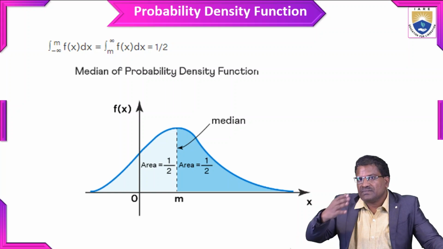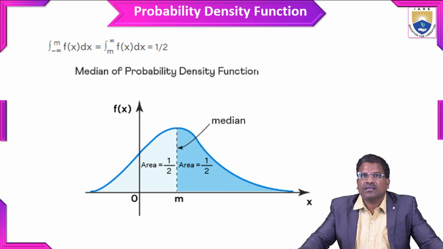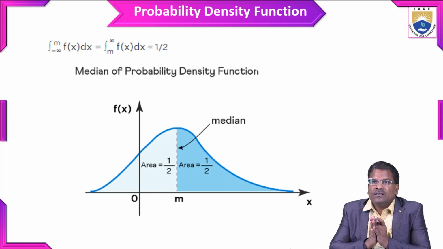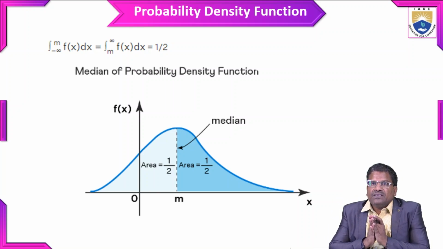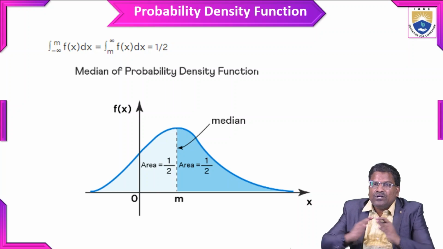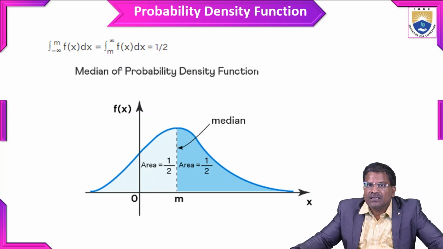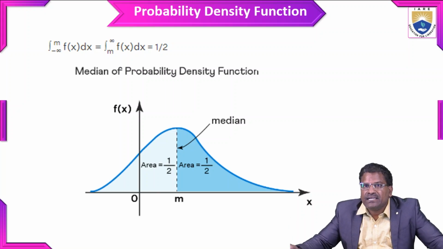Now let us see the graph. In that graph the area is divided into two equal parts. Here small m is the central point.